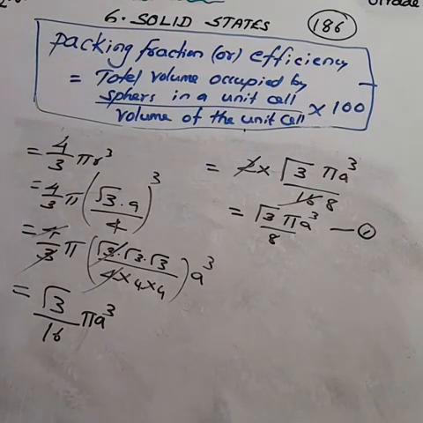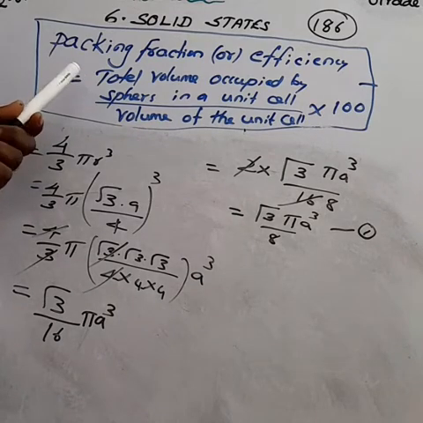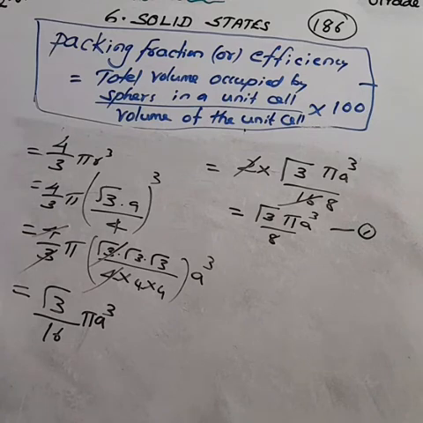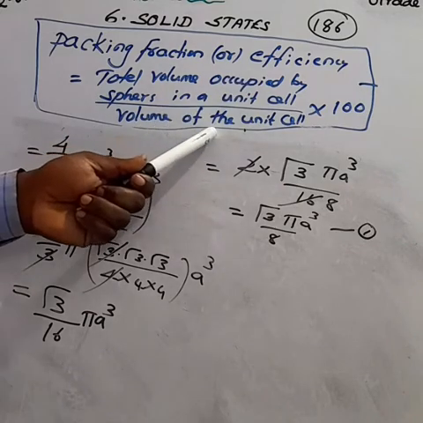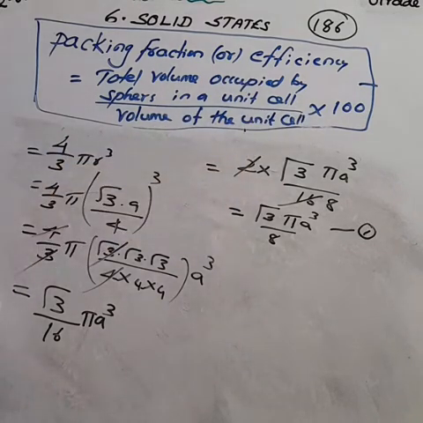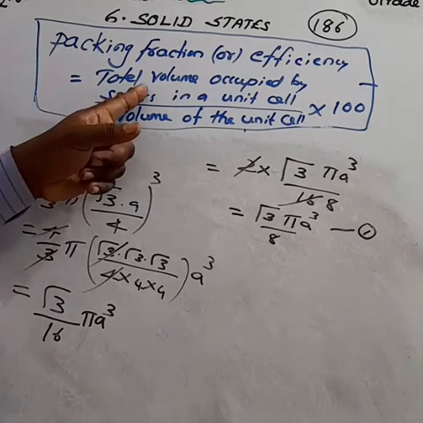Packing fraction, otherwise efficiency, is equal to total volume occupied by spheres in a unit cell divided by volume of the unit cell, into 100. This is the formula. Don't forget that. Packing fraction, efficiency formula: total volume occupied by the spheres in a unit cell divided by volume of the unit cell, into 100.